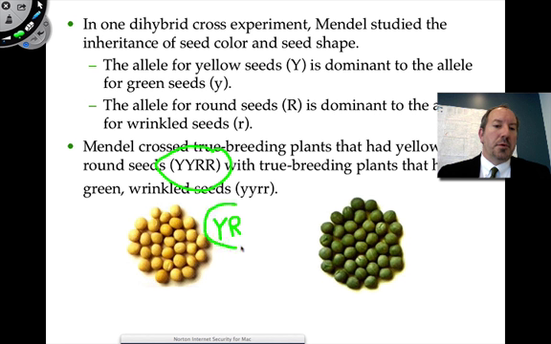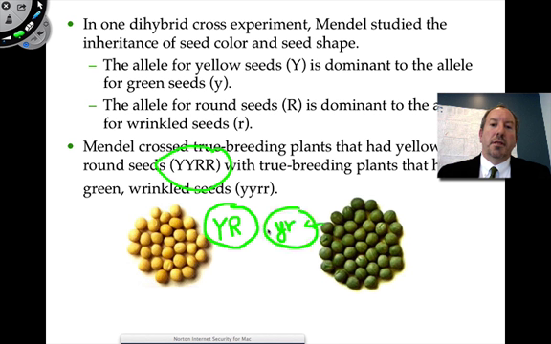So this is a haploid pollen. I'm not going through all the stages of meiosis. And see this right here? This is the green, which is little y, and wrinkled, which is little r. This is going to produce green and wrinkled pollen only.